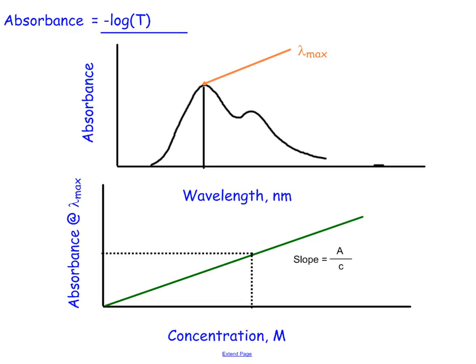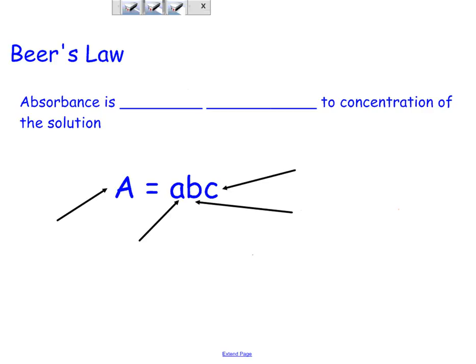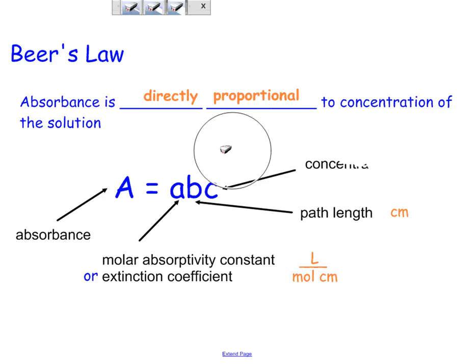Now, we actually have an equation to deal with that. It's called Beer's law, named after the person, not the drink. And so if we measure the absorbance, it is the molar absorptivity constant, or extinction coefficient, depending on which book you're looking at, times how far the light has to go through the sample.